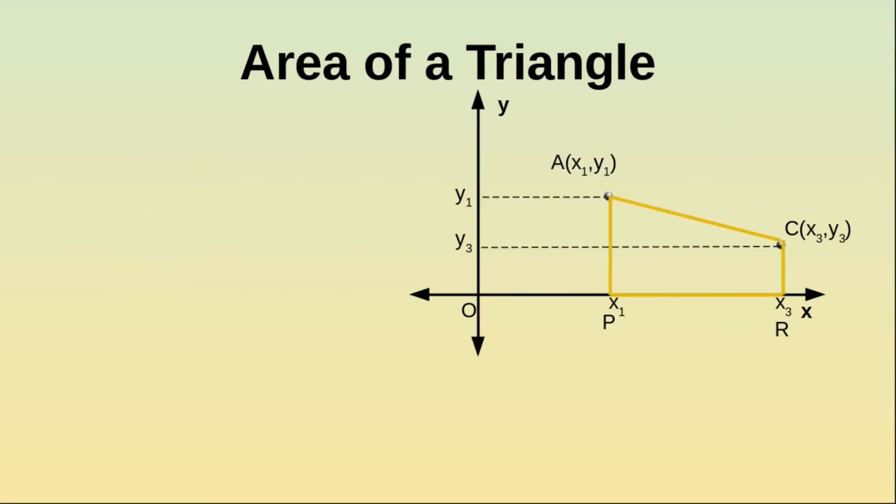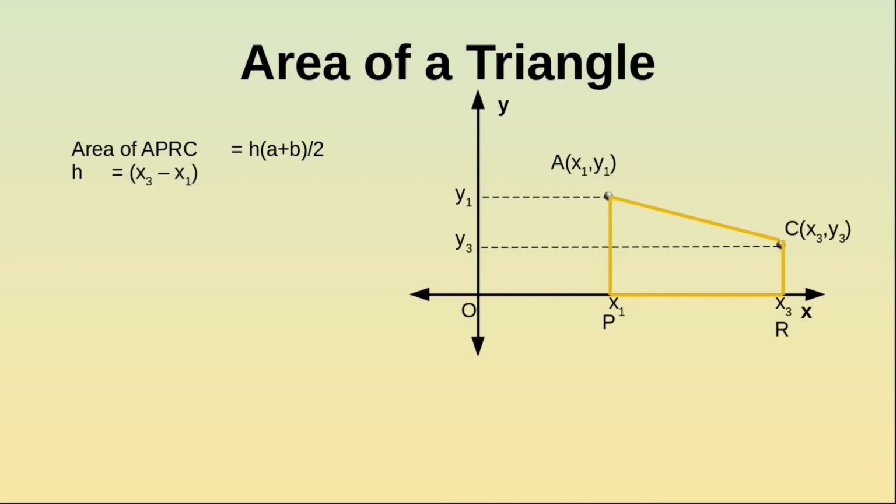APRC. Here once again we must note that this AC line is the same line of the triangle. So here once again we will be finding out the area of this trapezoid, that is we will be using the same formula, that is H into A plus B whole divided by 2.